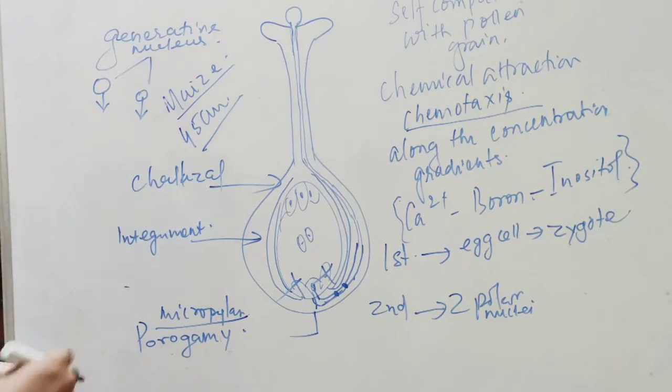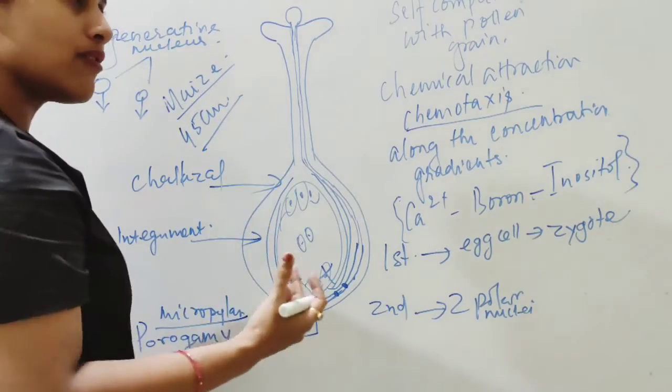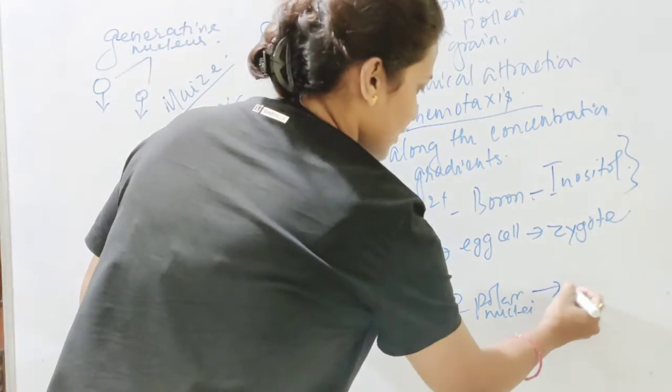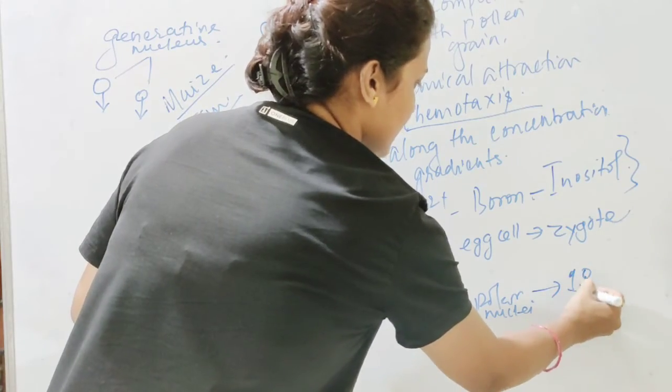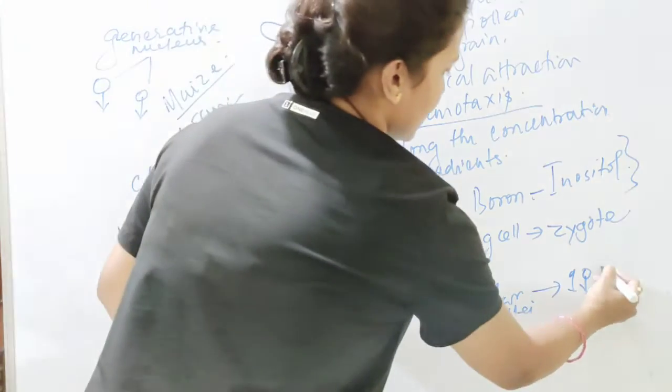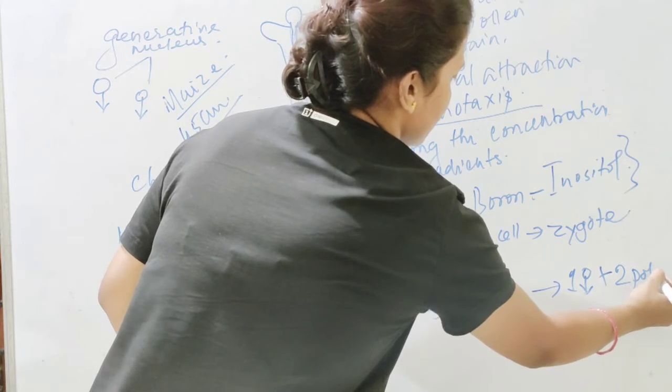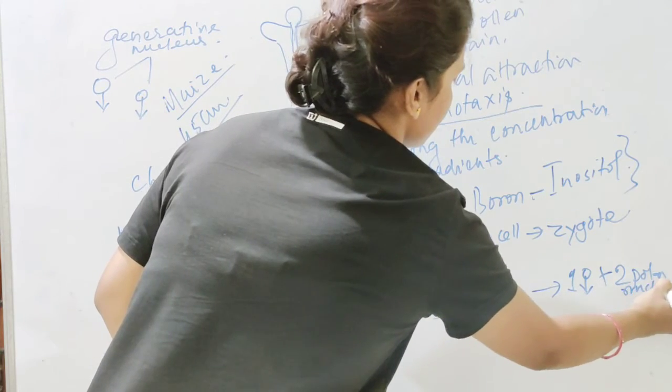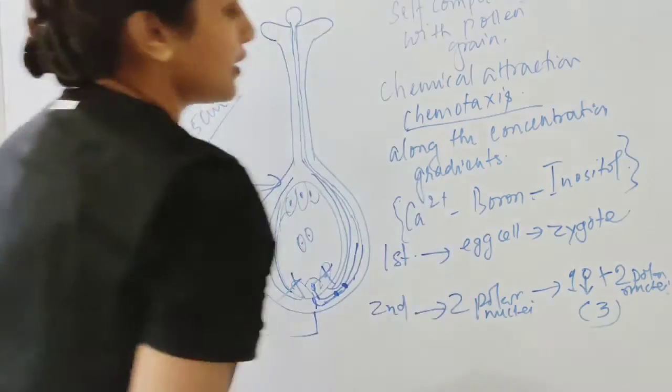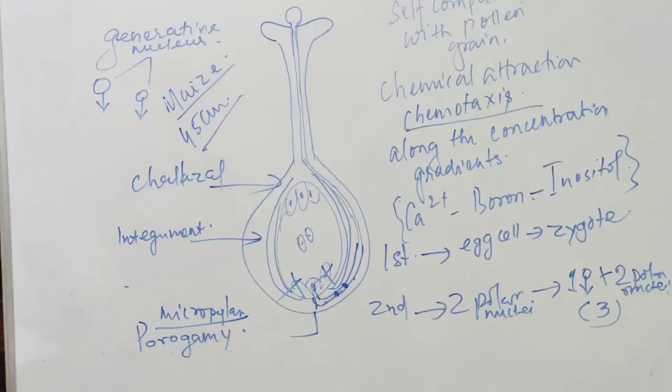If it fuses with the two polar nuclei, you can see that in total how many nuclei are there? One male gamete along with two polar nuclei. So in total there are three nuclei inside.